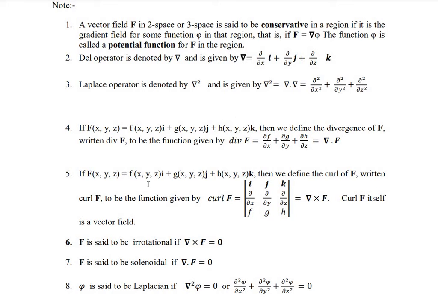And the next one, if vector f of xyz is equal to f of xyz i cap plus g of xyz j cap plus h of xyz k cap, then we define the divergence of f, written as div f, to be the function given by divergence of f is equal to dou f by dou x plus dou g by dou y plus dou h by dou z.